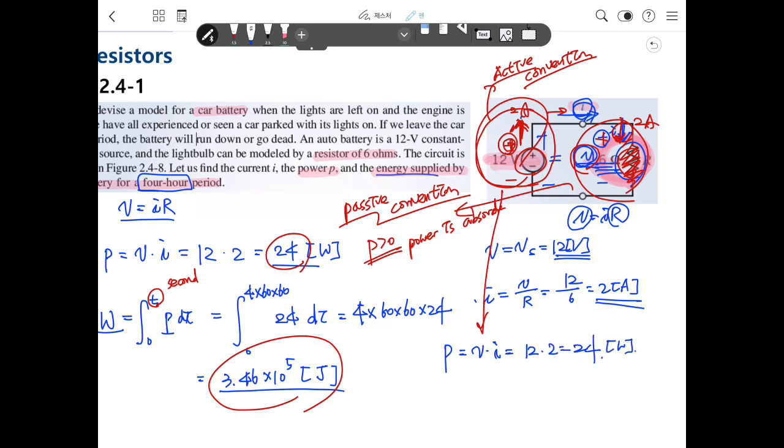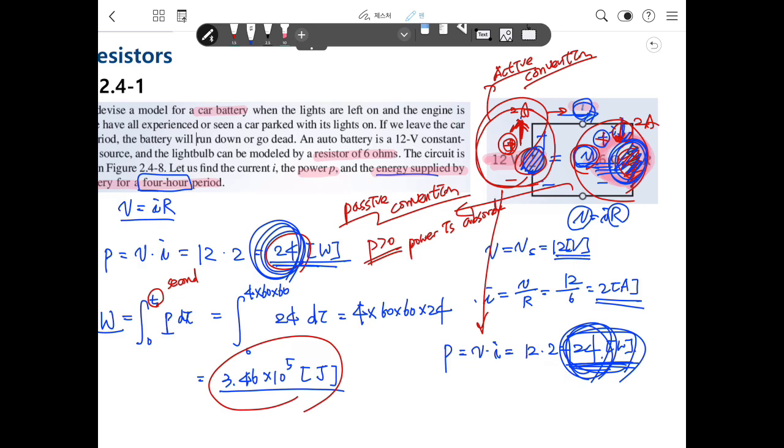The unit is watt. Then we need to know these are positive values. This is 24 watts absorbed by the resistor. The positive value is 24 watts. And 24 watts is supplied by this element. Why? Both are positive values, but this is absorbed and this is supplied.